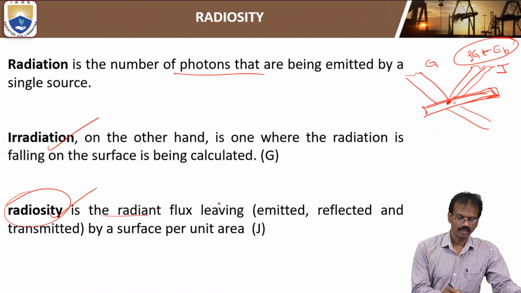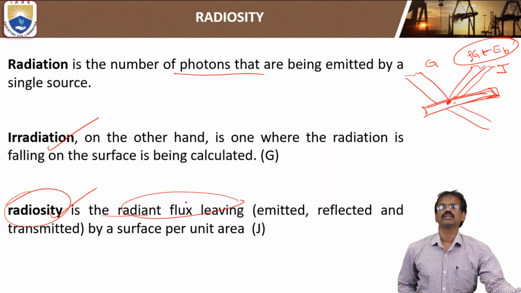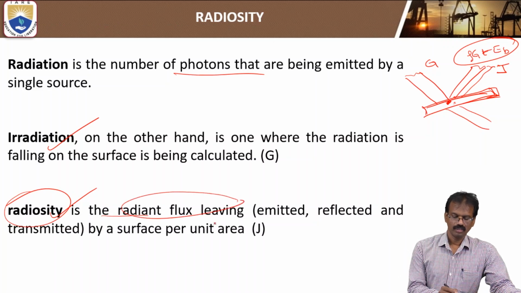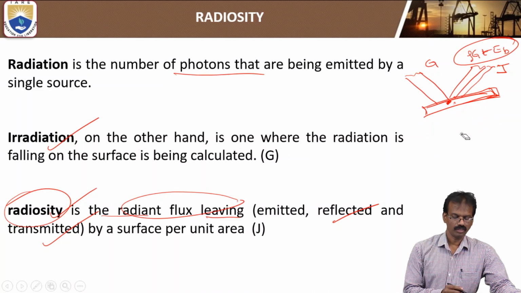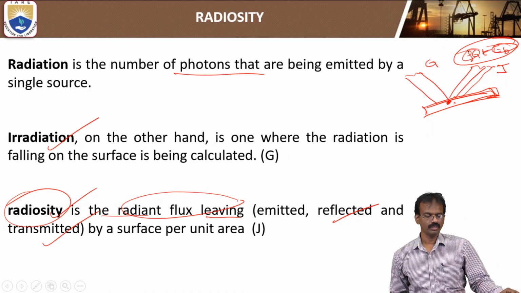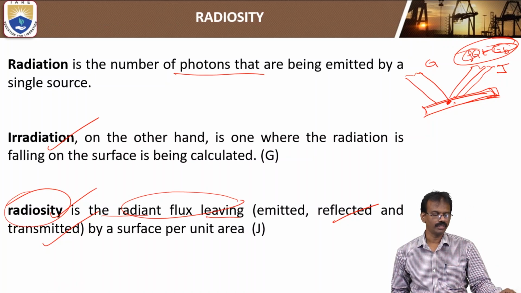Radiosity is the radiant heat flux leaving the surface, emitted, reflected and transmitted. If you consider opaque bodies, the transmission is 0. So there is emitting energy and reflected energy, and the addition of both is called radiosity.